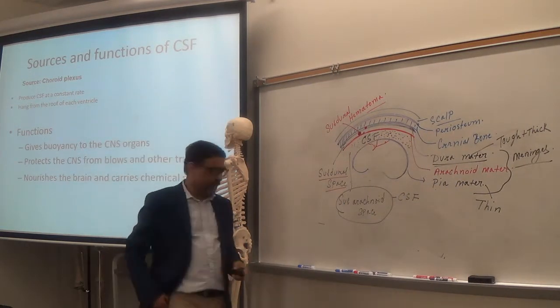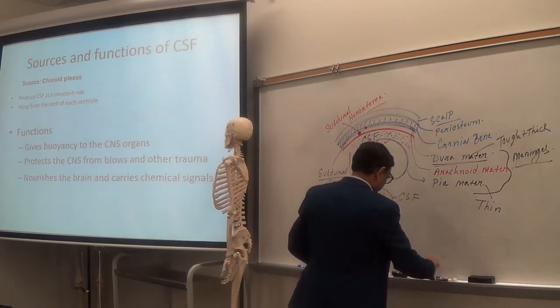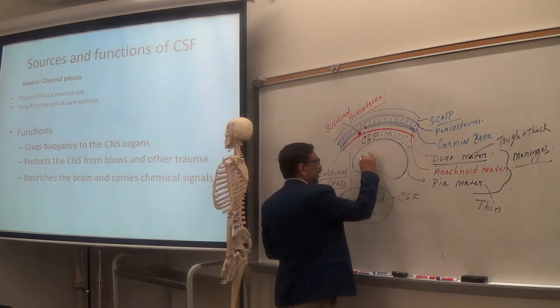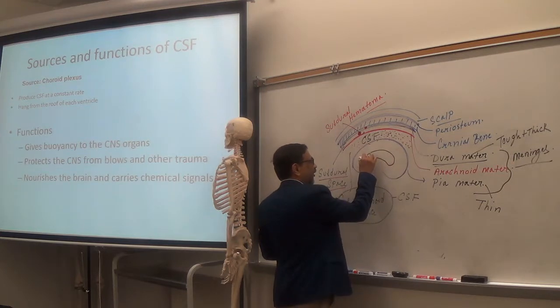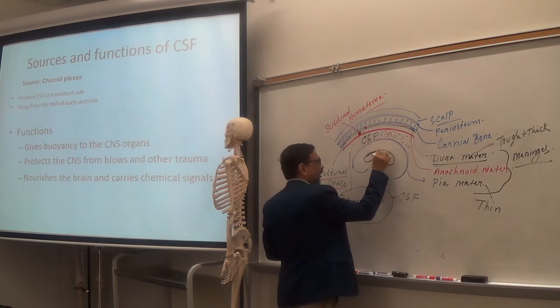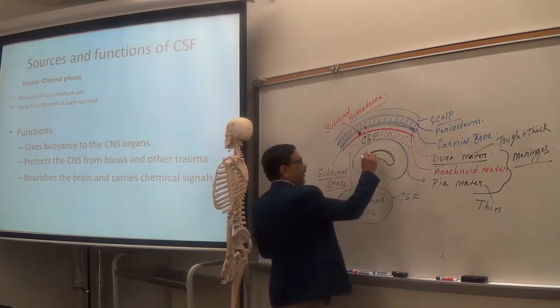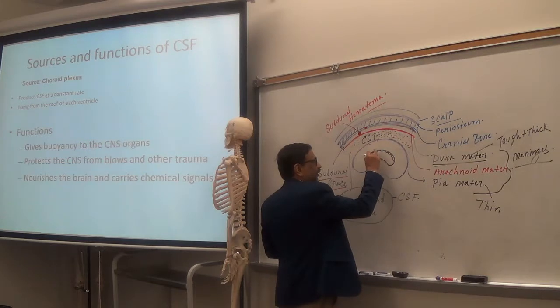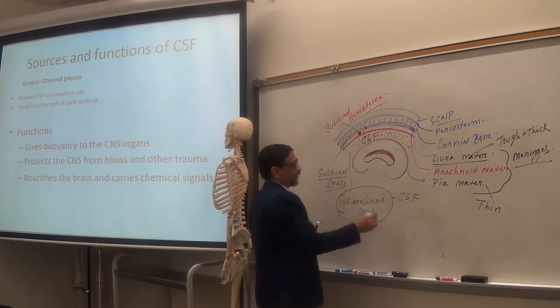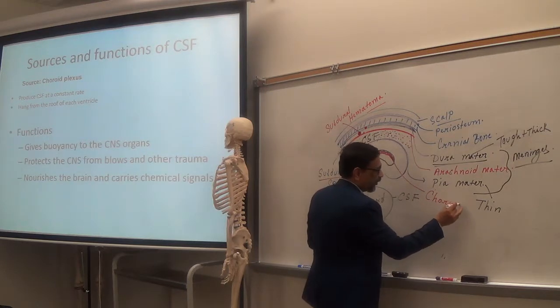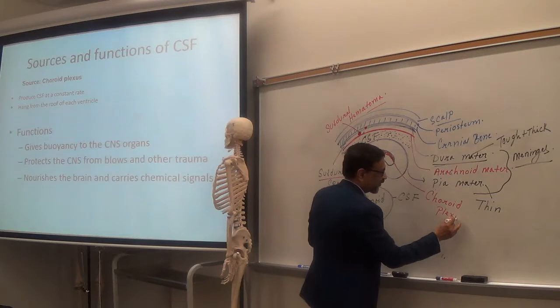Sources of the cerebrospinal fluid. So this is the brain, and this is one lateral ventricle, and you already know in the wall of the ventricle you have one type of cells called the ependymal cells, okay, and also attached to the wall of the ventricle, you have a capillary plexus that is called the choroid plexus.